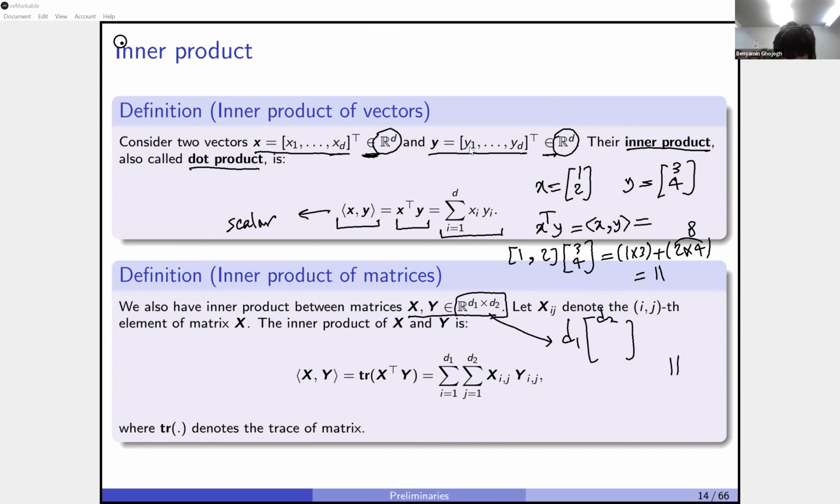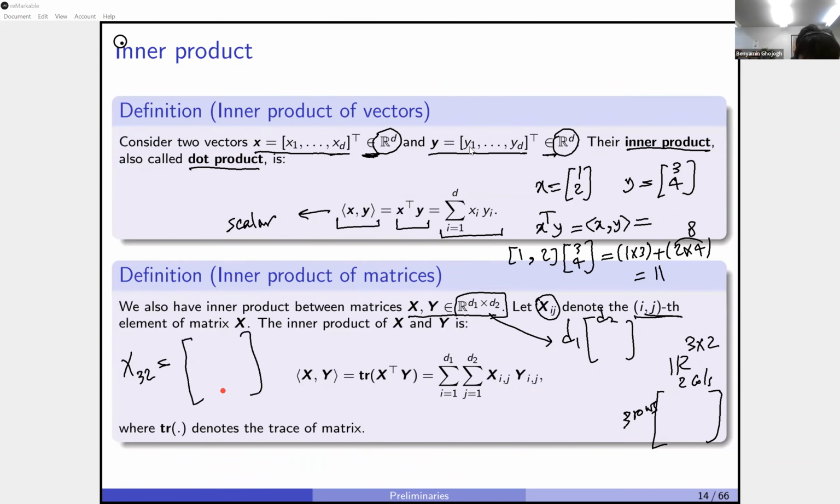For example, if you say R 3 by 2, it means a matrix with 3 rows and 2 columns, right? As I said, we show matrices with bold capital letters. And Xij is the ijth element of X. For example, X32 means the 3rd row and the 2nd column.